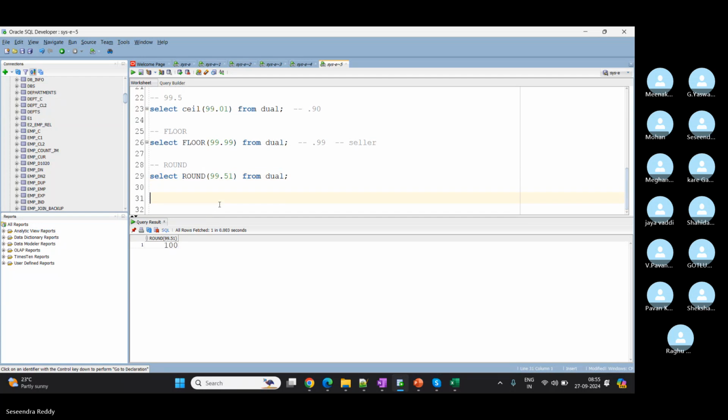Got it? It is checking the condition, so it will divide our decimal value into two parts, 50-50%: 1 to 50 and 51 to 100. Clear? And here we need to see a few more examples.